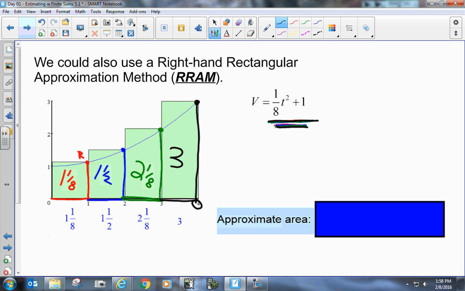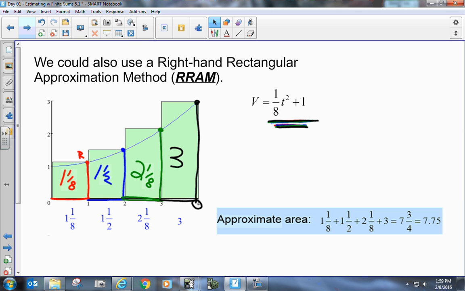And what do I get? Well, an eighth and an eighth is a quarter, right? A 1/4 is 3/4. 3, 4, 5, 6, 7. 7 3/4. All right? Now let's take a look at this.